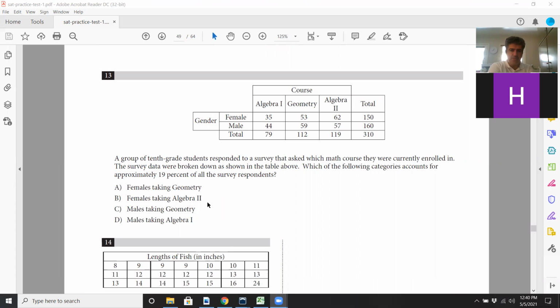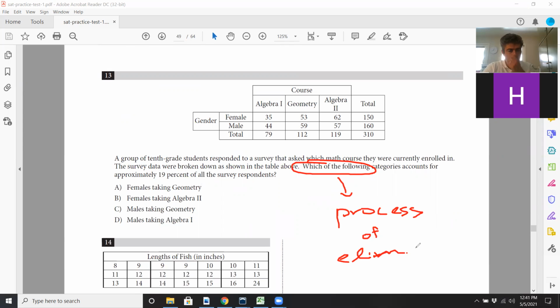Survey data were broken down as shown in the table above. Which one category accounts for 19%? So they have which of the following. So it's process of elimination, right? We talked about this already.